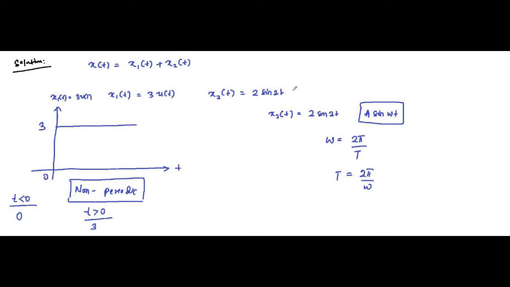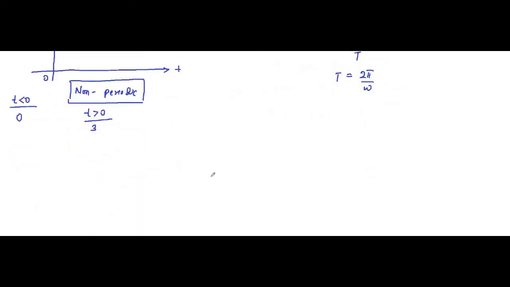Here for 2 sin 2t, the time period will be 2 pi by 2, which is equal to pi seconds. So this signal 2 sin 2t is periodic with time period equal to pi seconds.